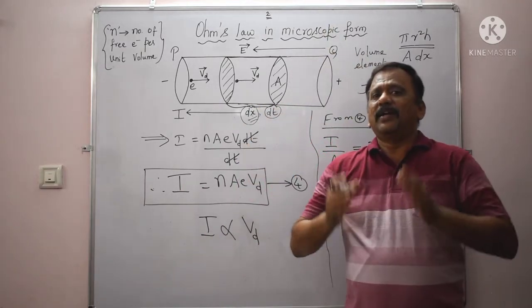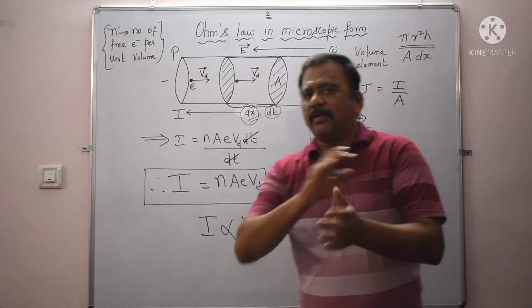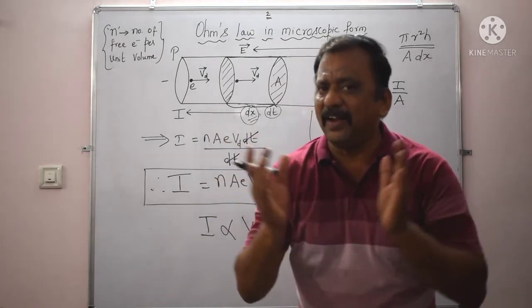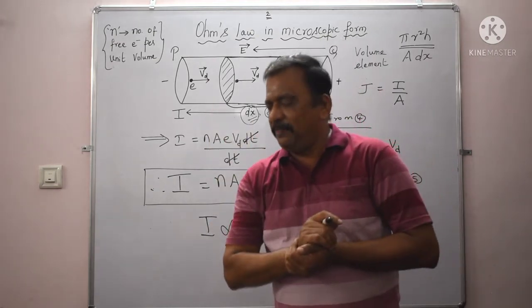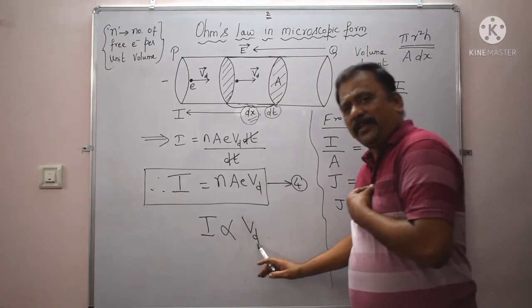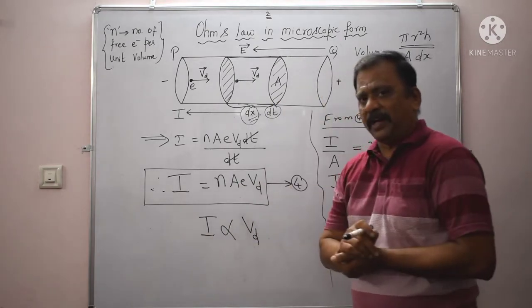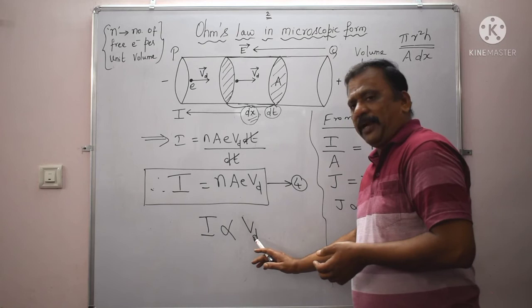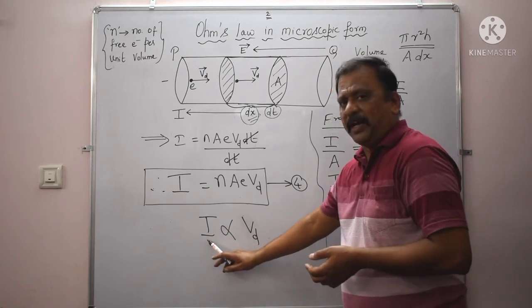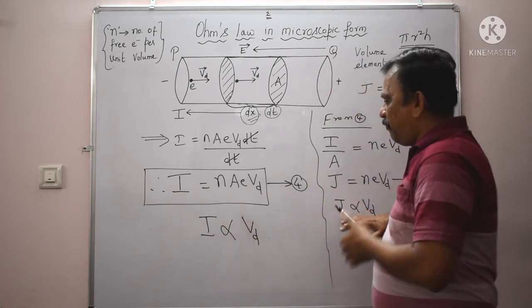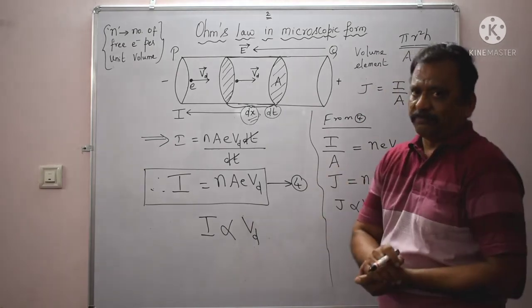Is it clear? So the more the drift velocity of electrons, the more the magnitude of current. The lesser the drift velocity, the lesser the magnitude of current. The same is applicable for current density also.